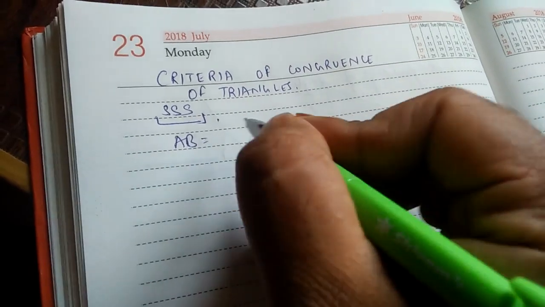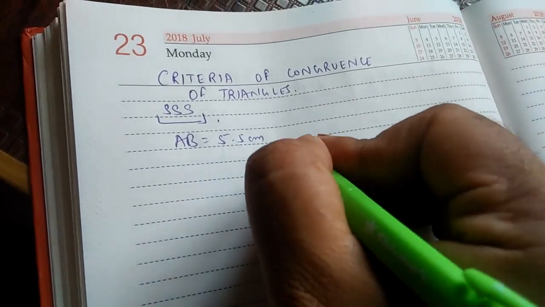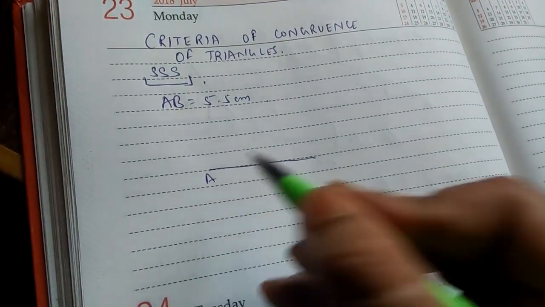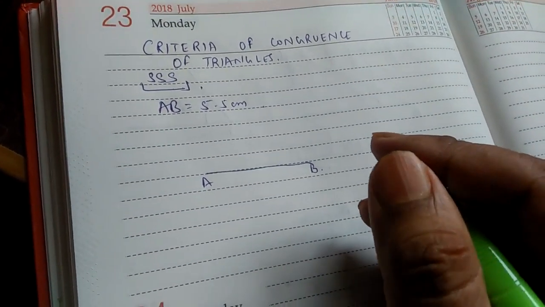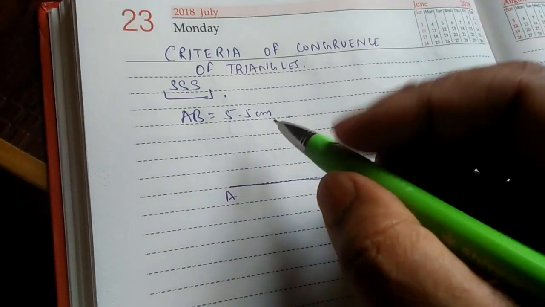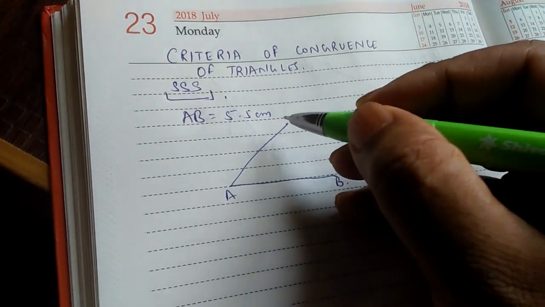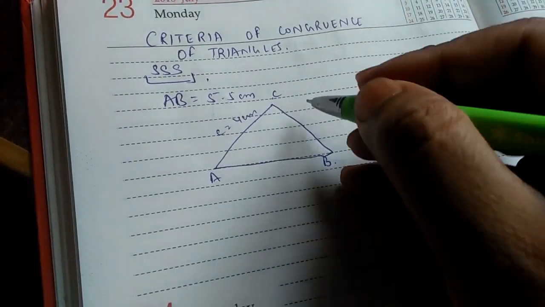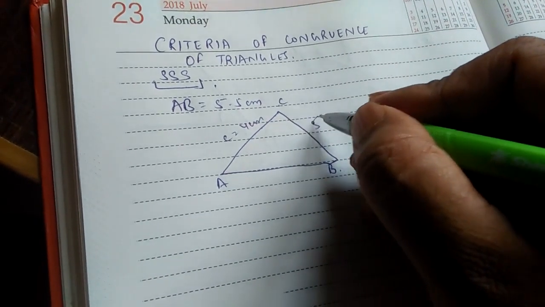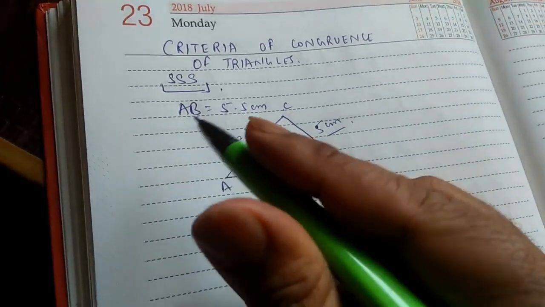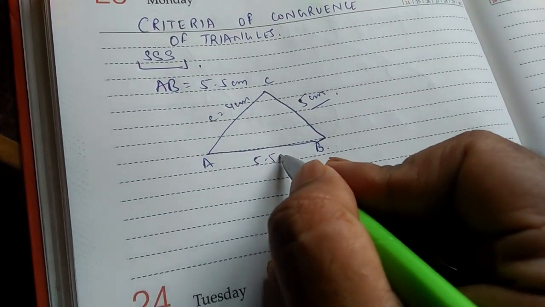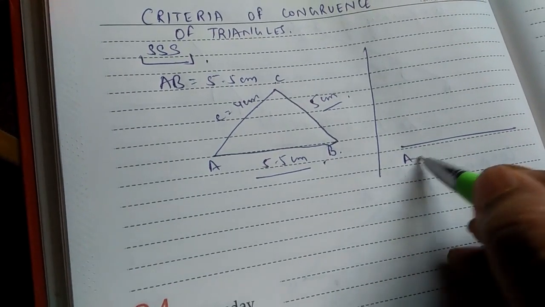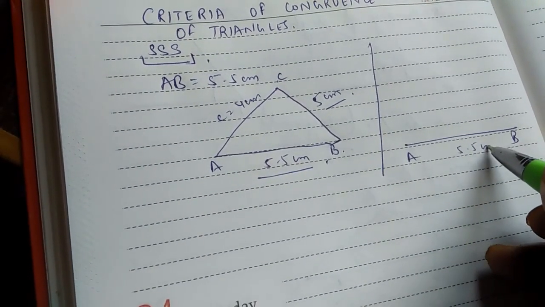AB is given as 5.5 centimeters. Now with base AB, we can draw any number of triangles. Let's say the third side C can be equal to 4 centimeters, BC can be equal to 5 centimeters. AB is fixed at 5.5. Let's say only one side has been given. Now AB is 5.5 centimeters.